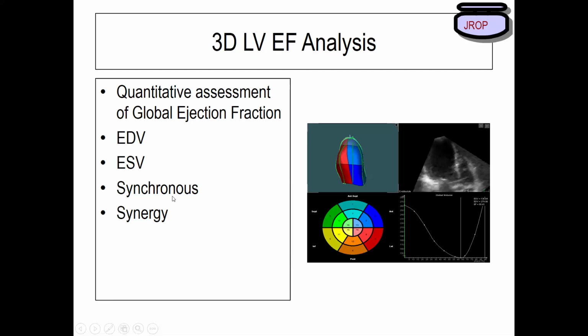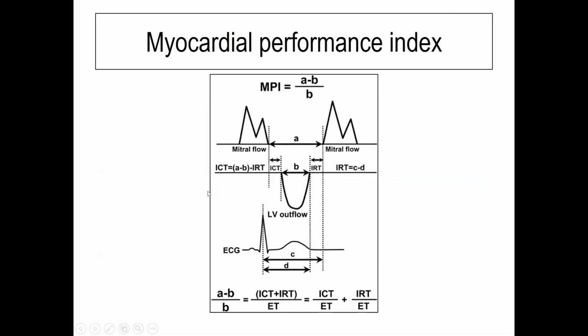This cannot be done without three dimensions echocardiography. And synergy is how much LV is contracting. So 3D echo gives you a global ejection fraction in terms of end diastolic and systolic volumes, synchronicity and synergy. Synchronicity is very important in patients with dilated or ischemic cardiomyopathies.